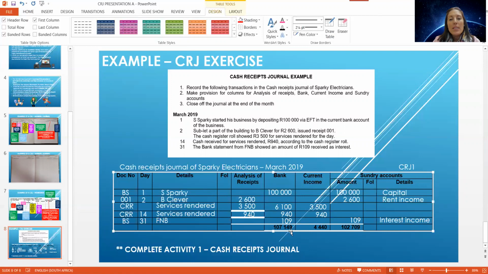Is 107,149 equal to 4,440 plus 102,709? Then you know that you've done your calculations correctly. When we're finally done with practicing the CRJ, we'll move on to the CPJ, and after that we're going to use these totals to post to the general ledger.